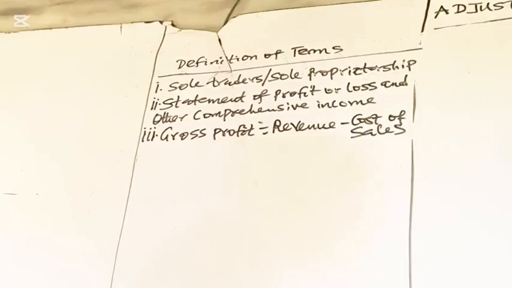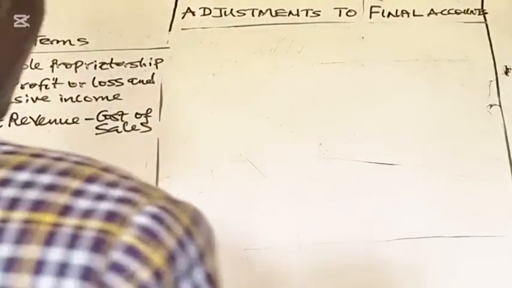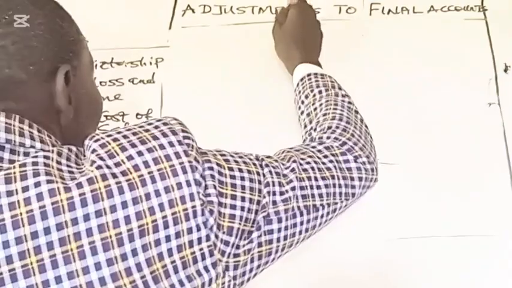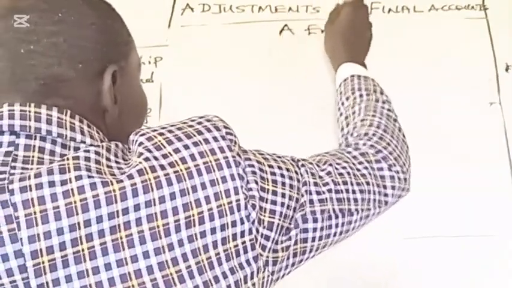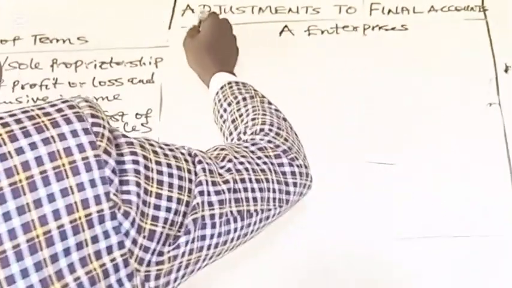So if you want to prepare the final account of a sole trader, if you want to prepare the statement of profit or loss, the format will be, let me say, A Enterprises. The name of the entity is A Enterprises because it's a sole trade business.